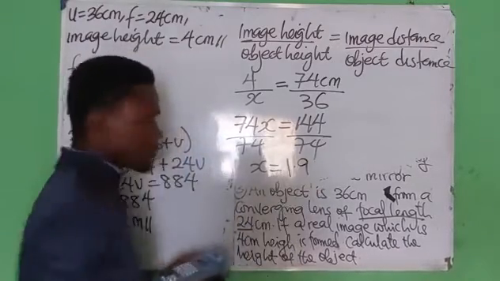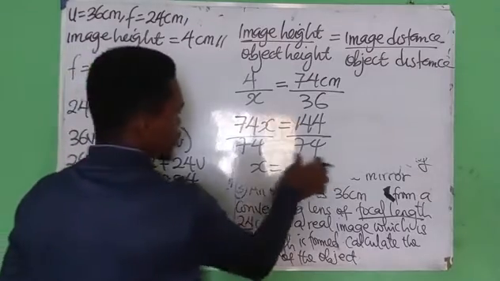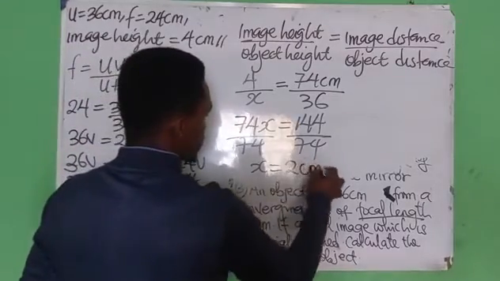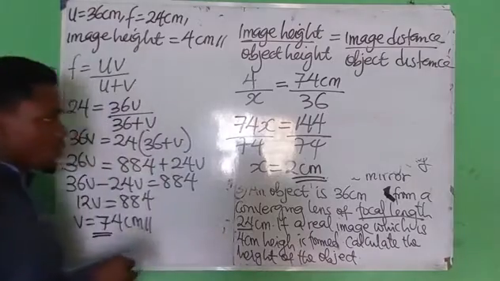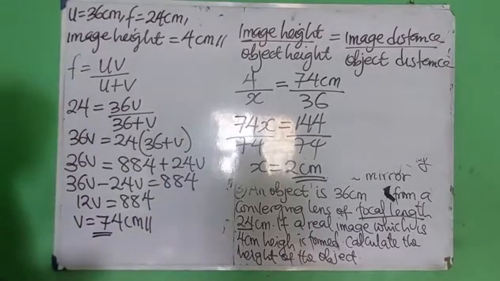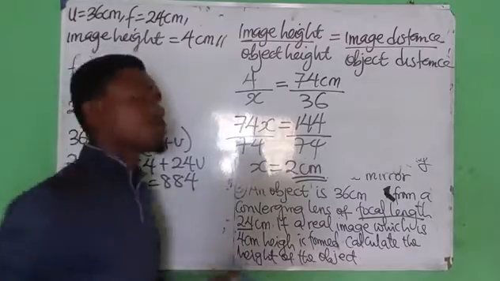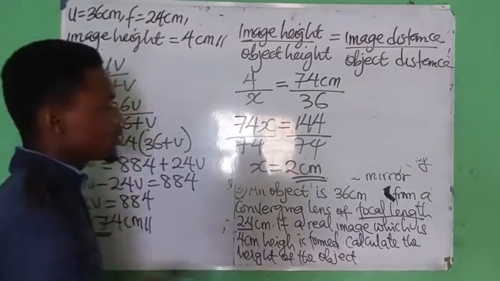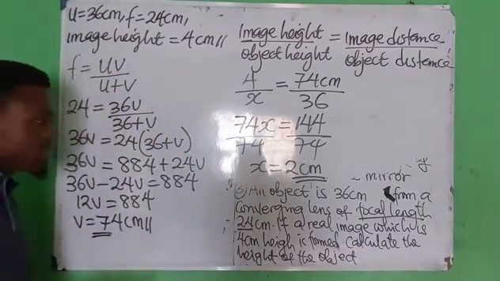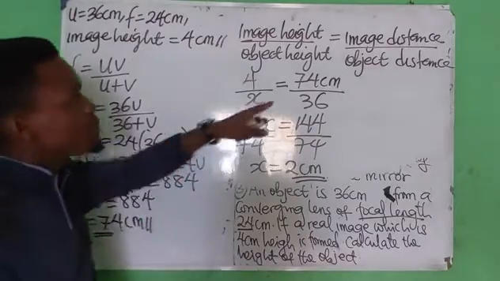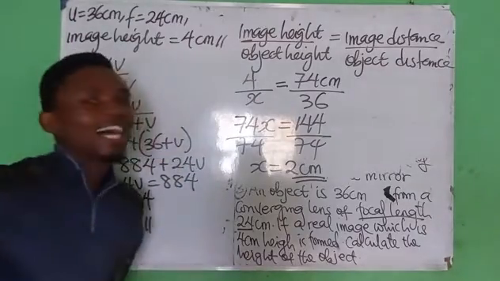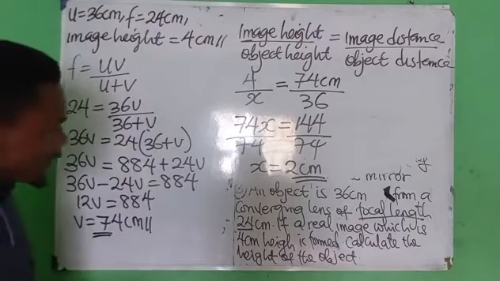I had it to be 1.9. So the answer is going to be 2 centimeters. Nice. So I'll just round it off to the nearest significant figure. 1.9 approximated to 2. So that is the final answer. This place almost confused me just now. Alright, so that is number 3.